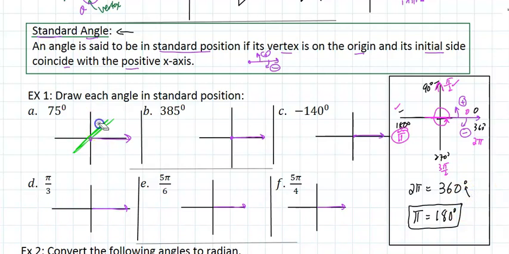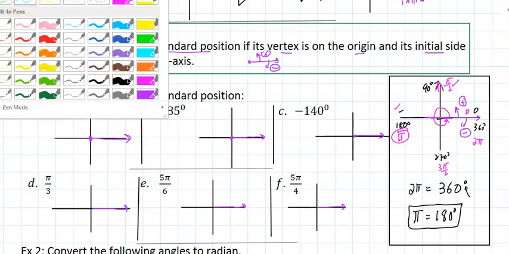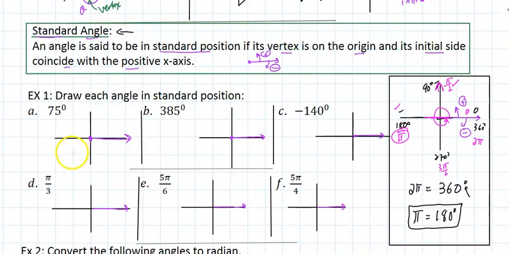So let me go back to this. If I am to cut this in half, this is the 45-degree line because this is 90 degrees. And since this cuts it in half, that line right there is about 45 degrees. So all you have to do is kind of use it as a scale. 75 degrees is more than 45.